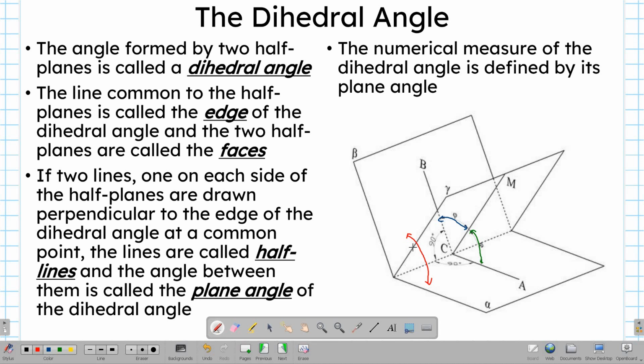So the angle is not just here, but it's this entire opening as long as where the planes would intersect.